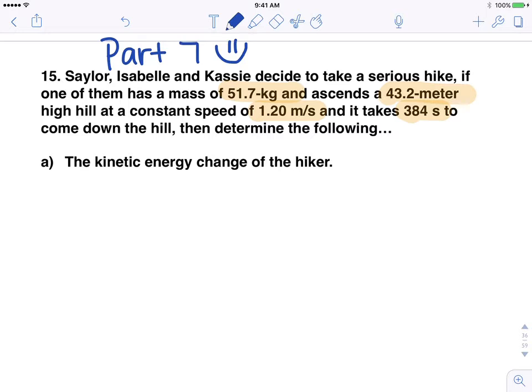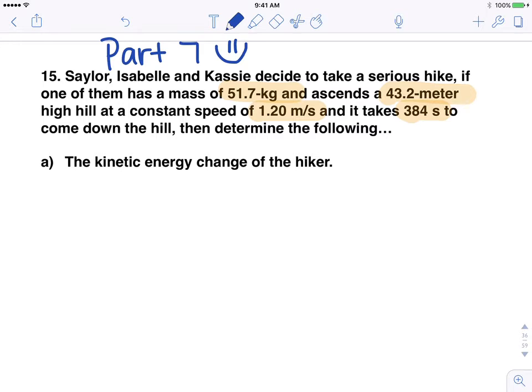Now, in order to figure out what the kinetic energy change of the hiker is, we first have to determine the actual gravitational potential energy and the kinetic energy, and then subtract the 2. Because your gravitational potential energy is your starting energy.